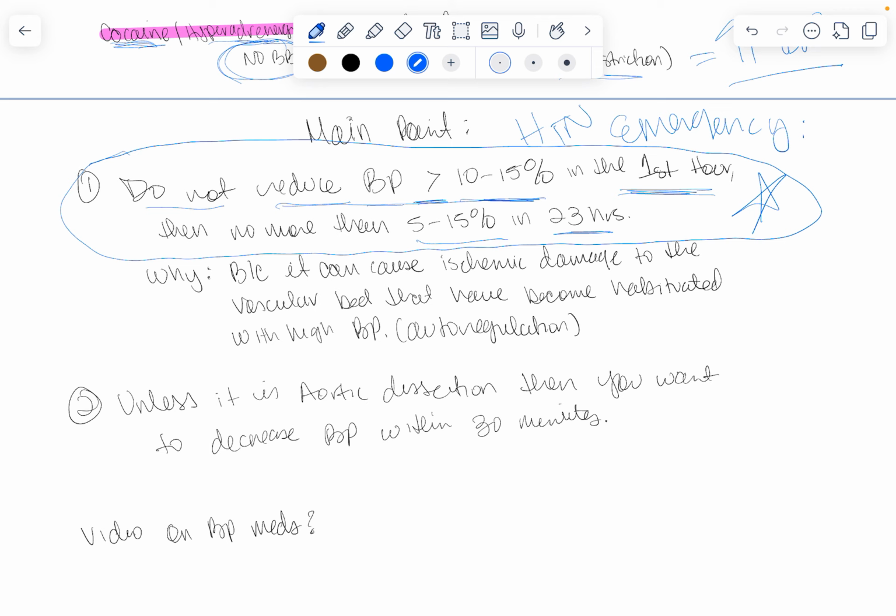Then do not reduce more than 5 to 15% in the next 23 hours. This is super important. Unless you have an aortic dissection. If you have an aortic dissection, then you want to reduce the blood pressure within 30 minutes to prevent worsening shearing of the aorta. Okay.